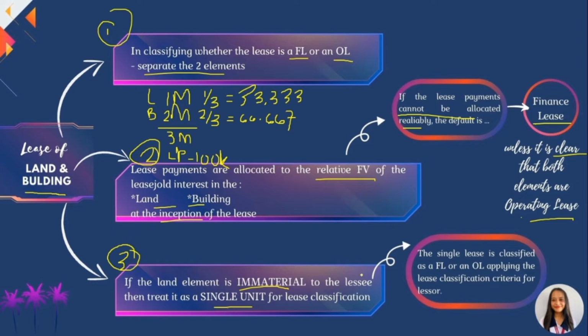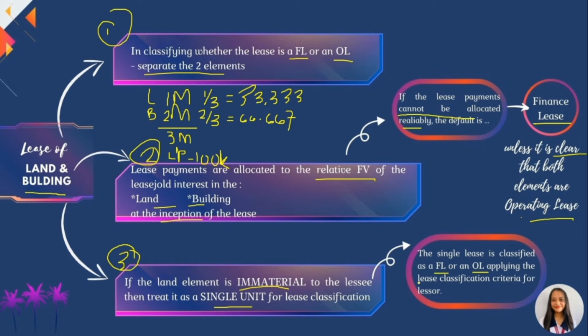So, what is the accounting treatment here? The single lease payment is classified as a finance lease or an operating lease, applying the classification criteria for lessor. So, we combine land and building.